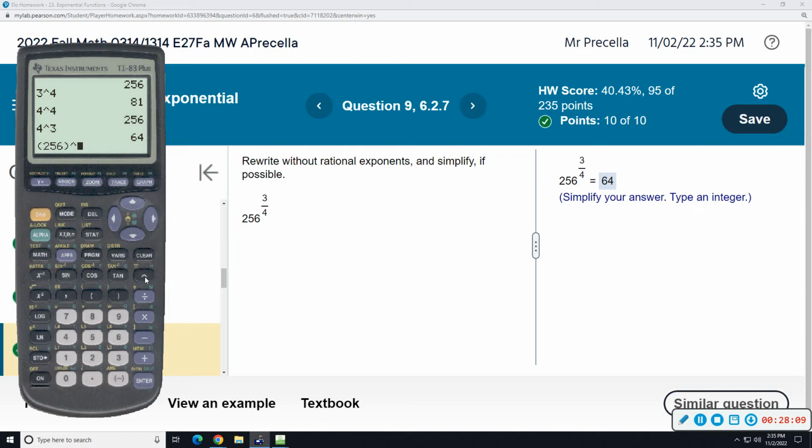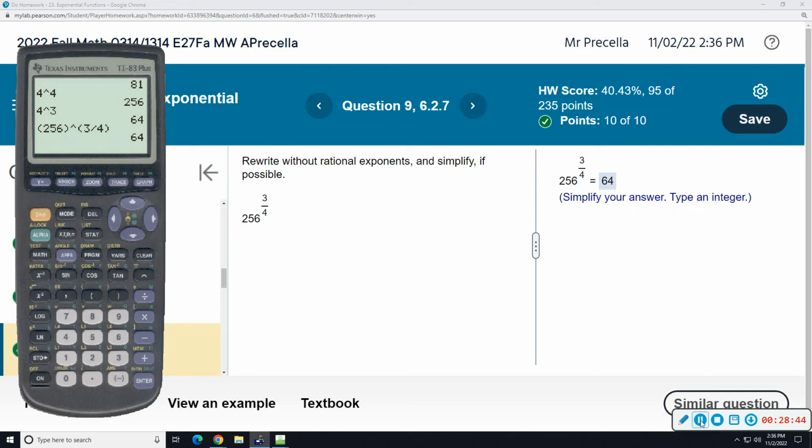Now that exponent 3/4, close the exponent in parentheses also: 3 divided by 4. So 256 raised to the 3/4 power. This calculator agrees with the calculations that we did on our own. 64.